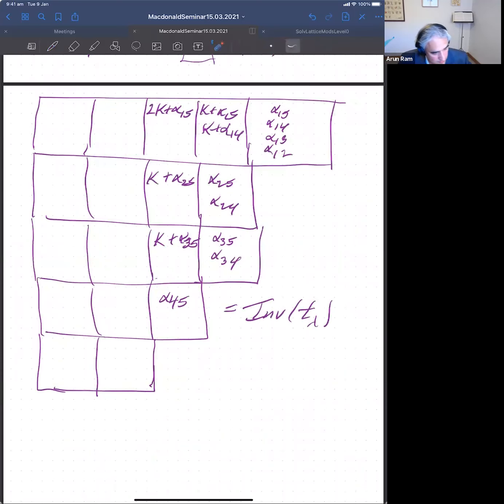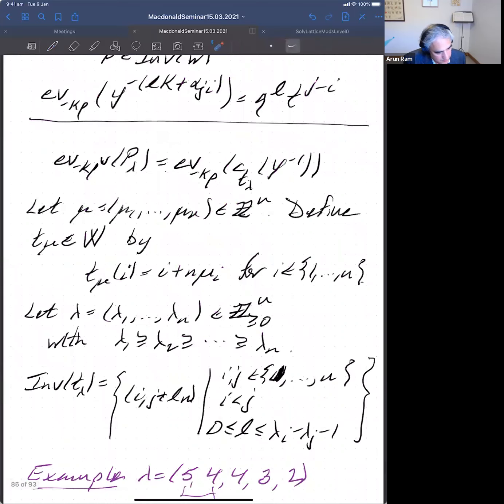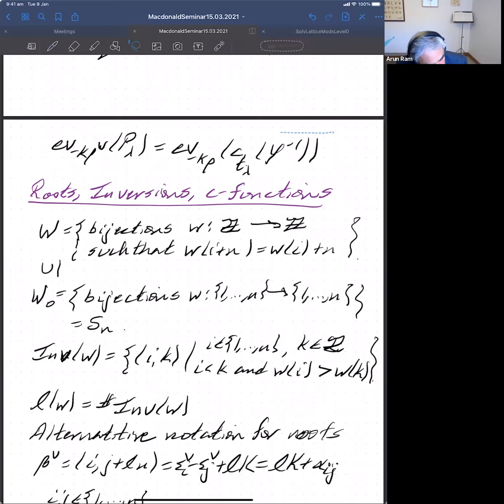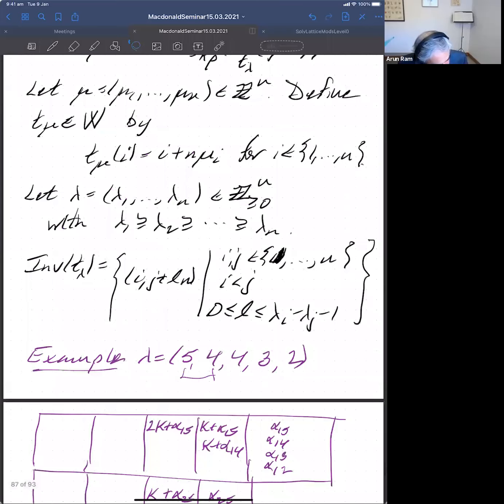Okay, so now let's remember what our formula was, which we're trying to compute here. We're trying to compute this thing.